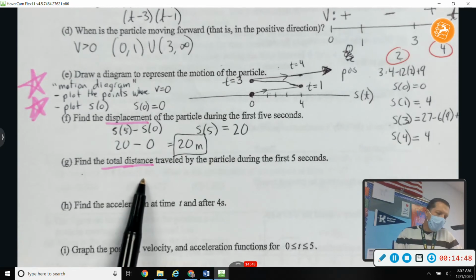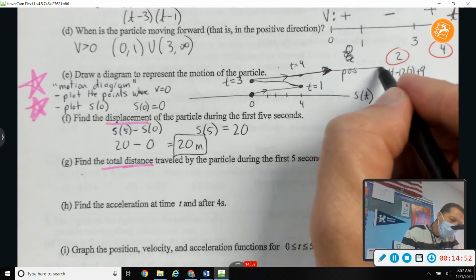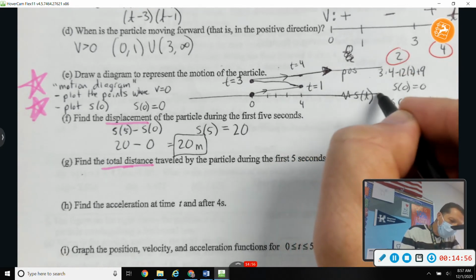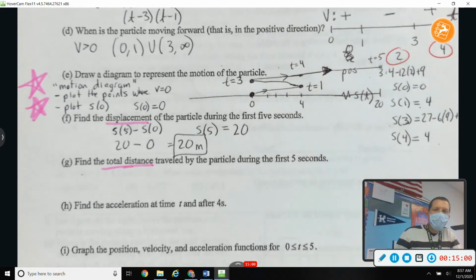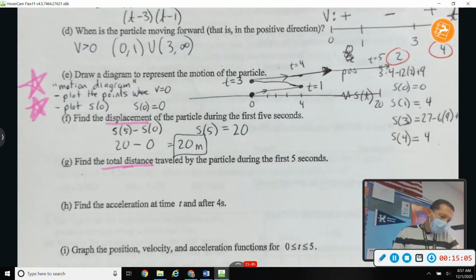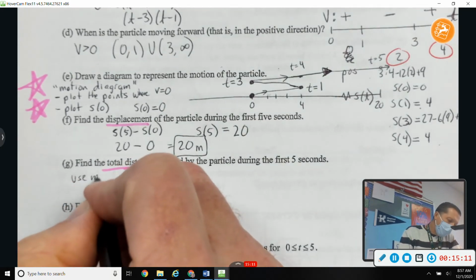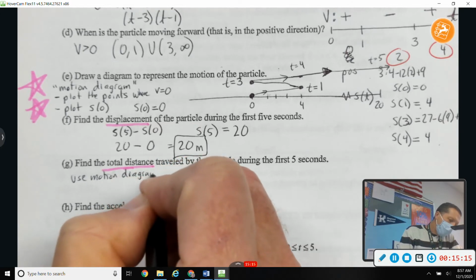But total distance, in fact, maybe we should put that on our number line break things here. At t equals 5, you're out to 20. Total distance traveled? Well, if you use the motion diagram, then you just kind of add up the pieces.